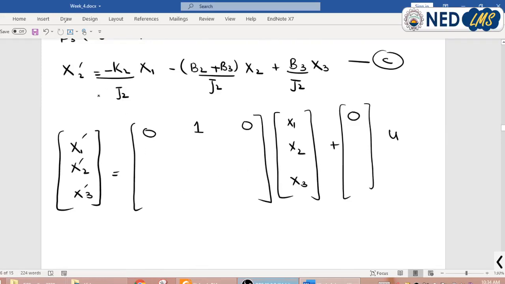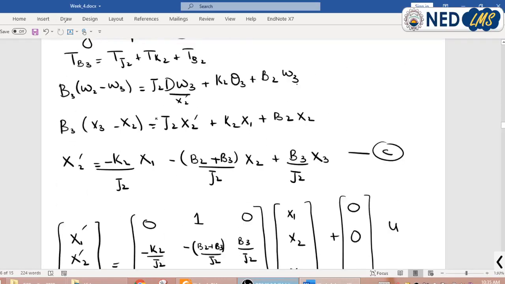Similarly, x2 dash is here, where the coefficient of x1 is minus k2 over j2, and the coefficient of x2 is minus b2 plus b3 over j2, the coefficient of x3 is b3 over j2, with no dependency on u.